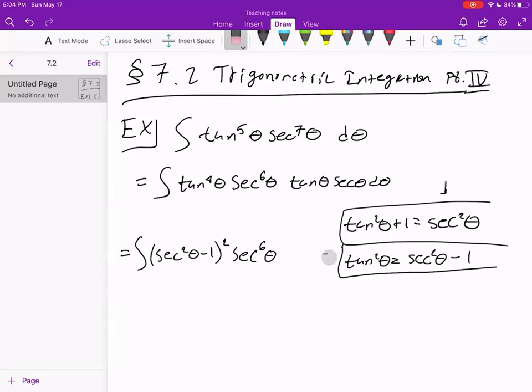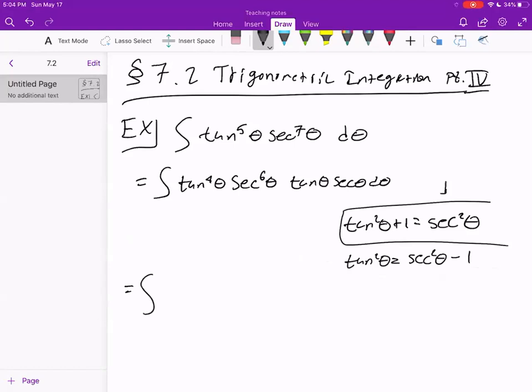Let me fix that because that's not good. So we have the integral, where tan to the 4th again is secant squared theta minus 1 squared, secant to the 6th theta, tan theta, secant theta, d theta.